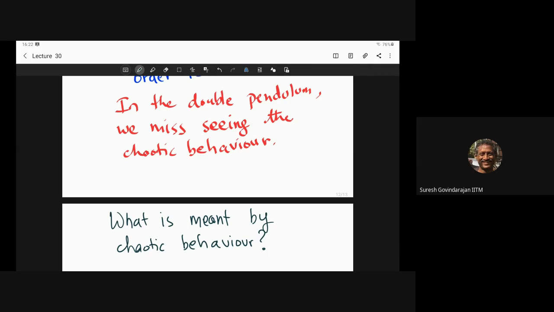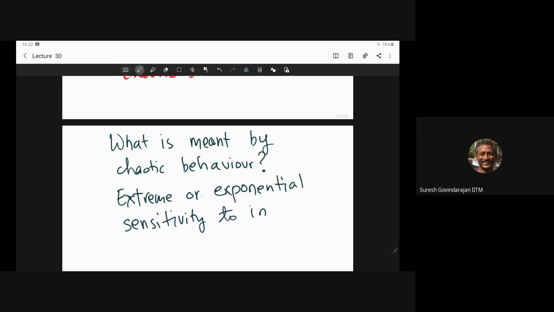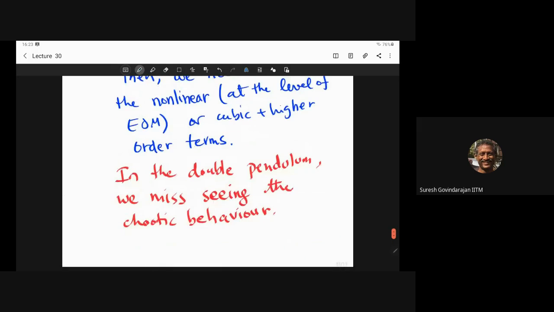When small changes in initial conditions lead to large changes in future time. Exactly, extreme or exponential sensitivity to initial conditions. This is what is chaos, and so we will never see that behavior when you do small oscillations.